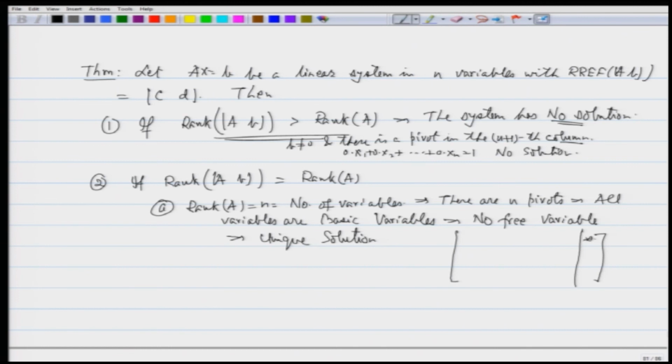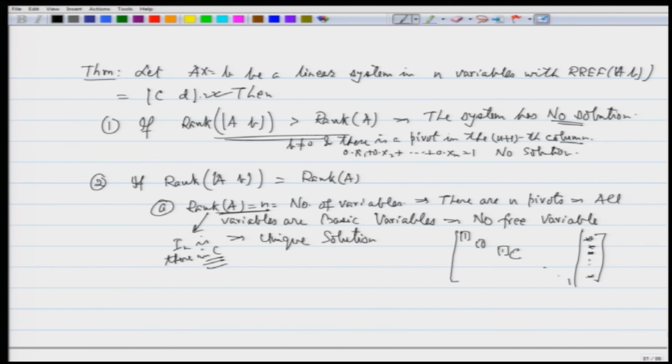B is there, so B will have some entries, fine. Now, you are saying that rank is n. Rank is n means there are n pivots, and not only that, rank is n also means that I have got I sub n in C, all right, because CD was the matrix RREF. So, this is my C part, and we are saying that I n is there. So, every column has a pivot.